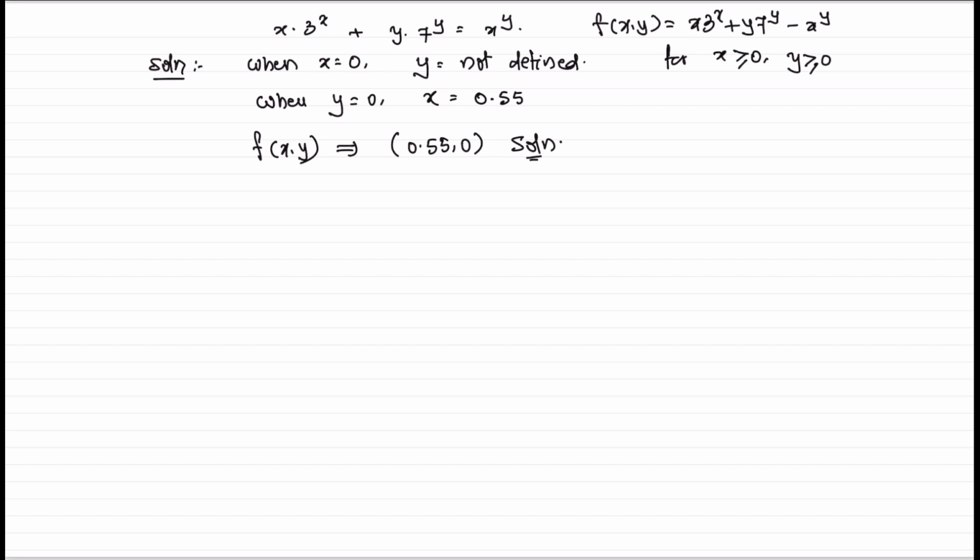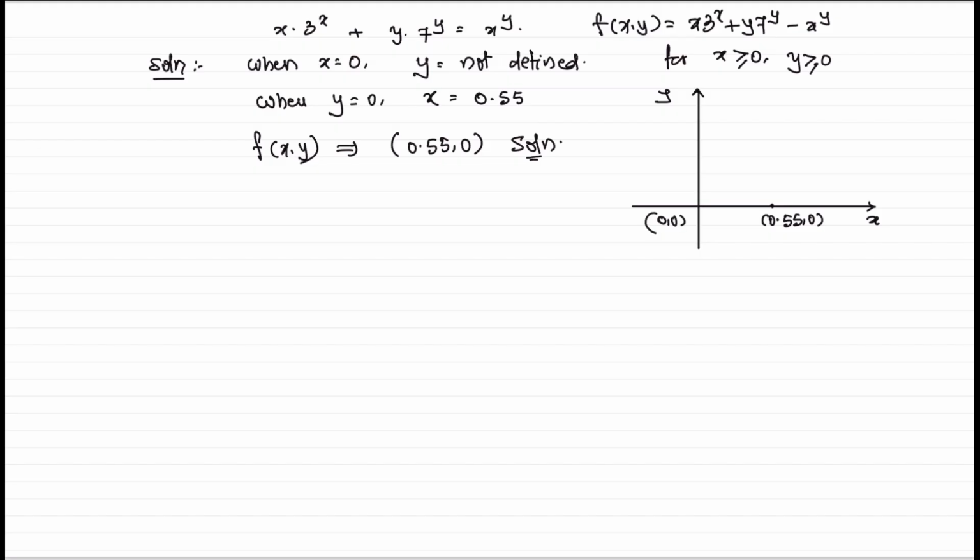For plotting this, we have got only one coordinate from the previous lecture. This is y, this is x, and the point is 0.55, 0, and this is origin 0, 0.